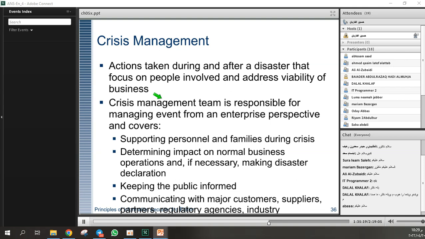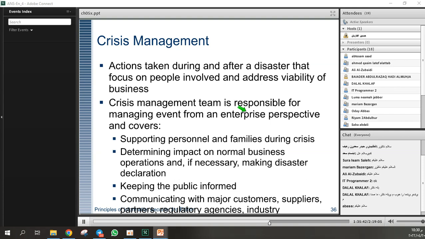No, the whole city would be affected. And one of the most valuable assets in information security is people. People will be affected by the earthquake, by the flood, or something like that.